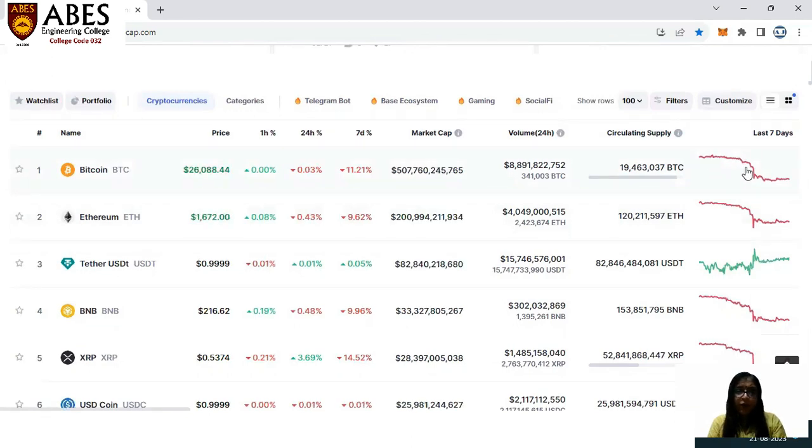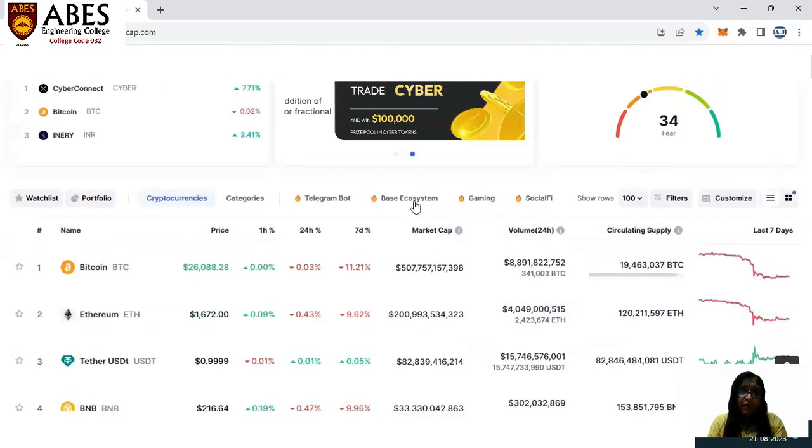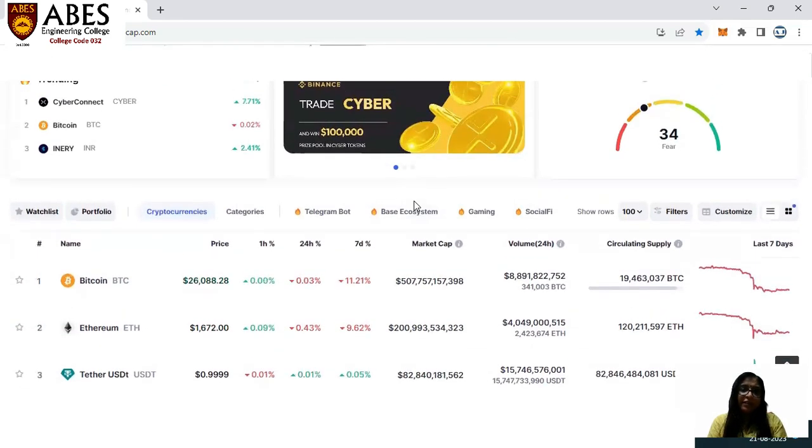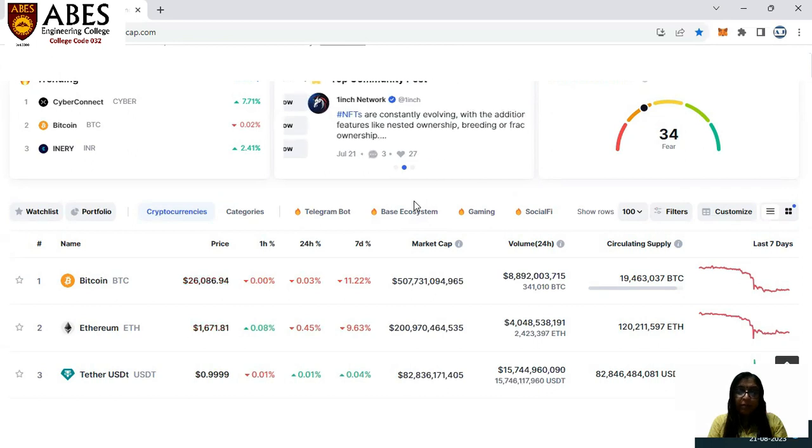In the last 7 days the Bitcoin price is low, and the same with Ethereum, and Tether USD has increased in the 7 days. This is just belief, just like in a share market. If people believe a share is in high demand, that share's value will increase.